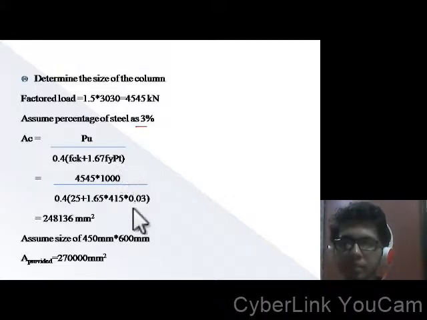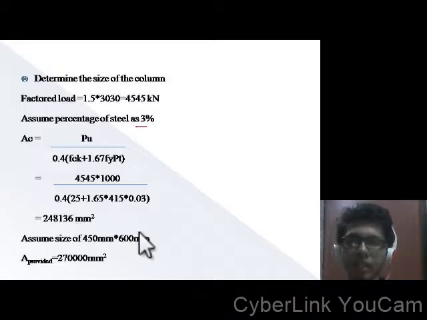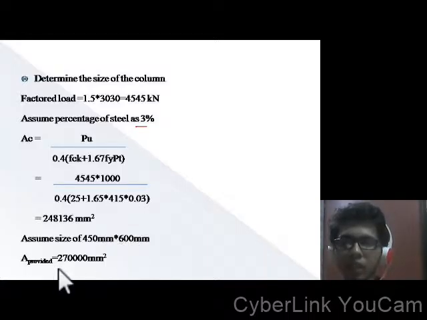In this particular equation, we will get the cross-section of the column, that is 248136 mm square, and we will assume it as 450 mm by 600 mm size of the column. When we multiply 450 into 600, we get the provided area of cross section as 270,000 mm square.